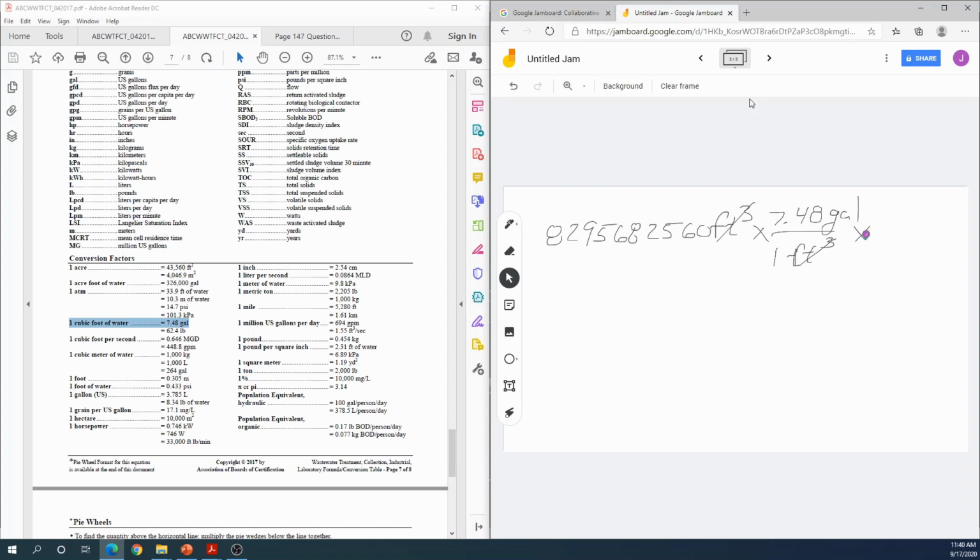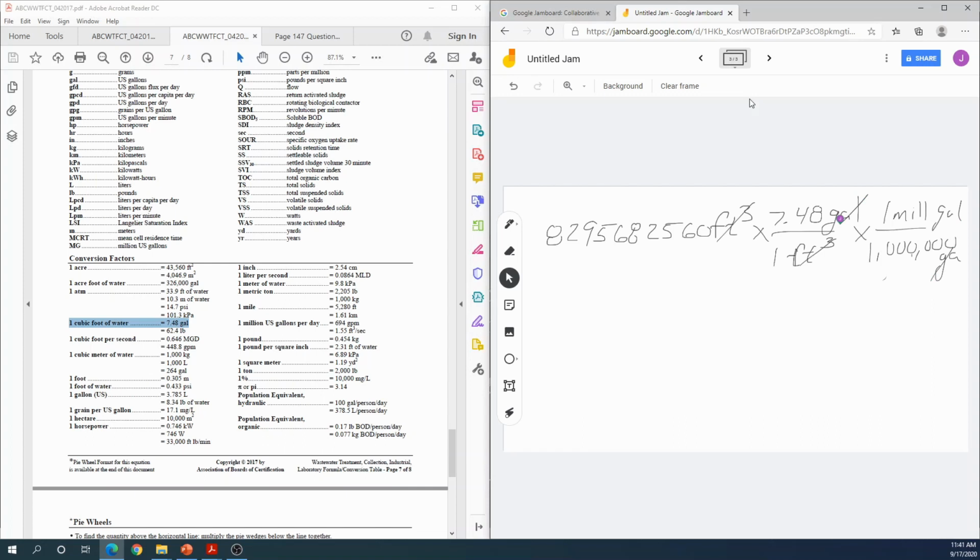Let's go ahead and convert this into million gallons so that in 1 million gallons, there is 1 million gallons. So gallons are going to cancel gallons.